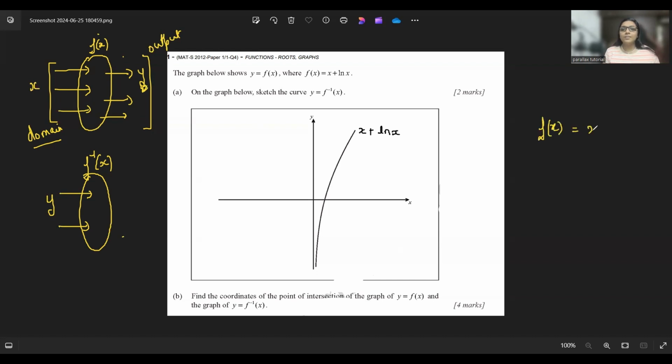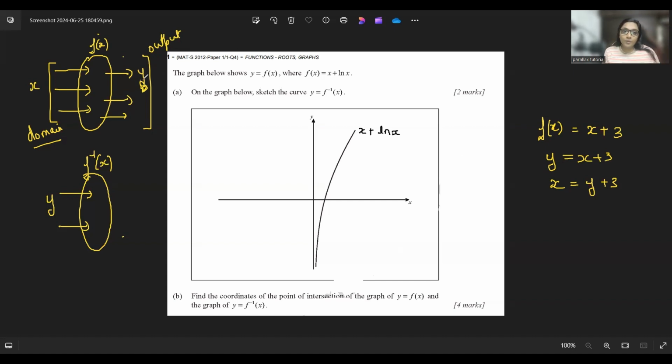Let's say function is given to us like this, x plus 3, and you're asked to find the f inverse of x. So what you do? You write y as x plus 3, then you swap the x with y, and then you make y the subject, and that becomes your inverse, right? Now, we are trying to understand why do we do this step? Why do we really swap x and y?